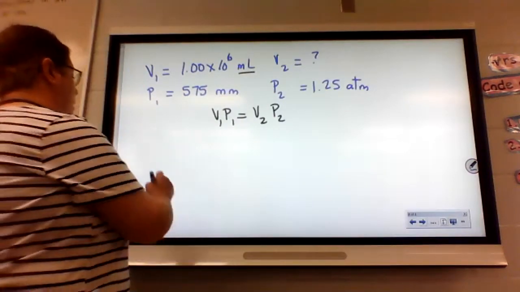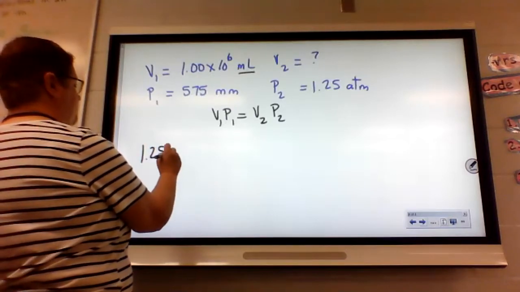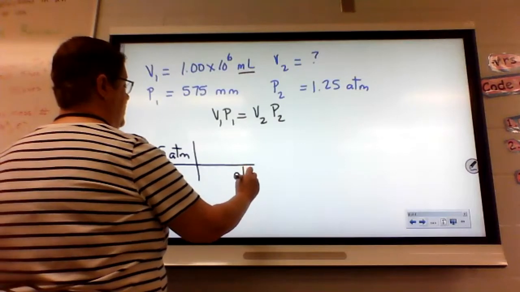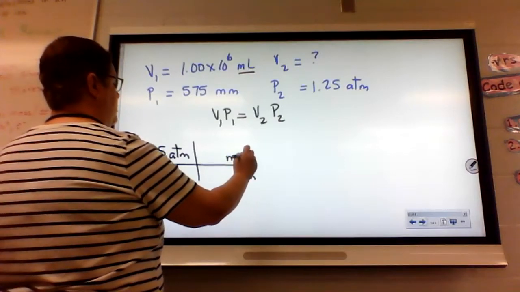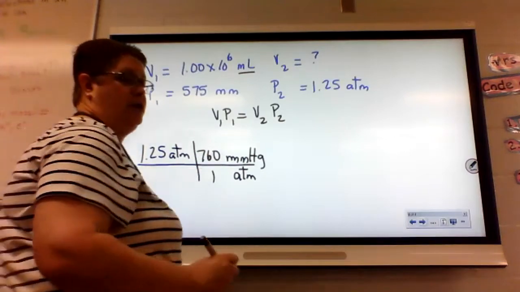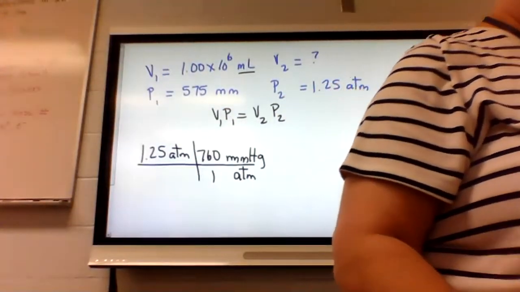Which one do you like? Okay. So I'm going to change my 1.25 ATM to mmHg. ATM here, mmHg there, 760. So 1.25 times 760.